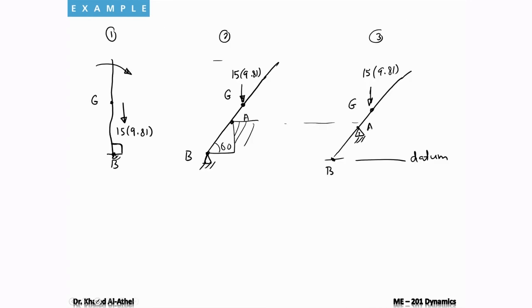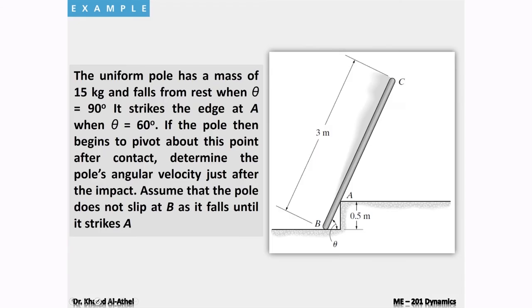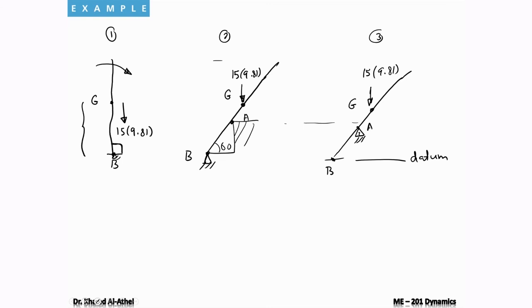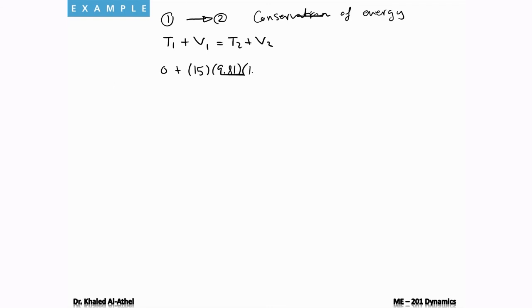What is the distance in this case? It's the distance between G and the center of mass. The length is 3 meters, so that one becomes 1.5. Equals to. Now, T2 is unknown, so it's going to be I. It depends where you want to take it. So do I take I around the center of mass G or I around B?